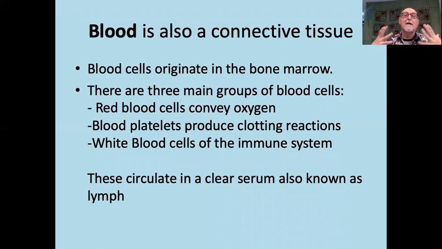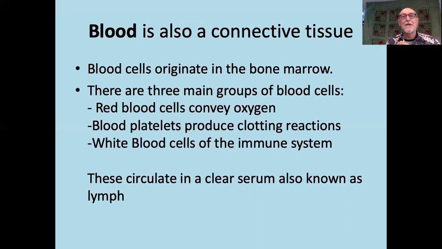Where it carries red blood cells, we refer to it as serum, the fluid that these blood cells are suspended in. But there are other areas of the body where this fluid circulates without red blood cells in it. And when that is the case, we refer to that as lymph.